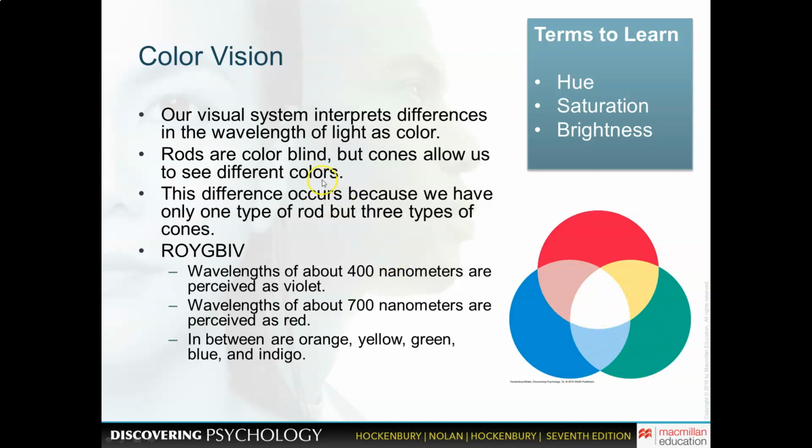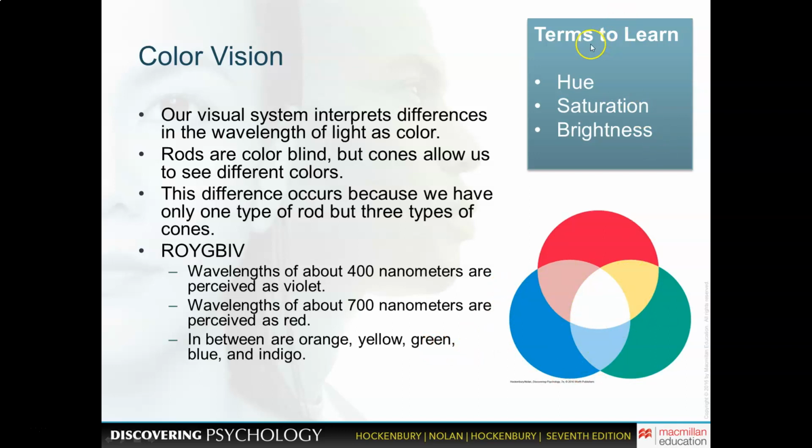Rods are colorblind, but cones allow us to see the different colors. So just be aware of that. Don't worry about all the nanometers and that kind of thing about perceiving colors, unless you are extremely interested in this and want to go into this field for your work or your field of interest.